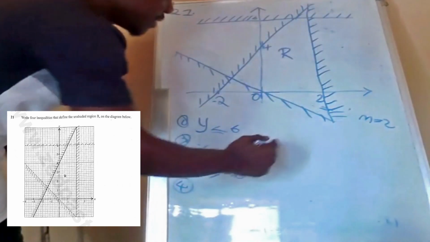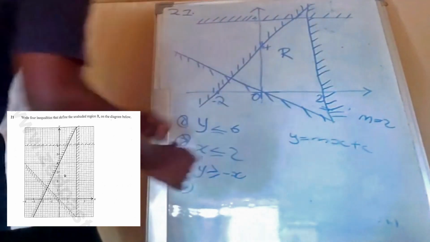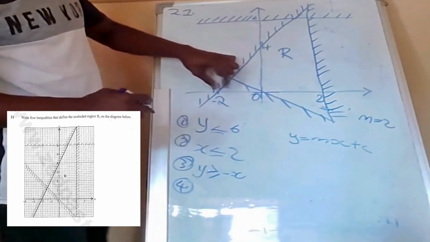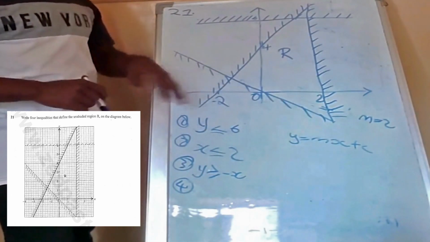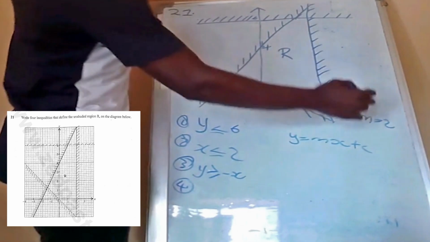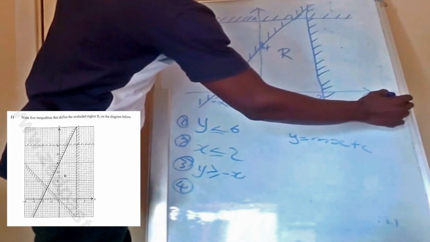To find the equation of the line, we say y equals mx plus c. Let's pick this point, negative 2, 0, to help us find our c. So this is x, this is y.